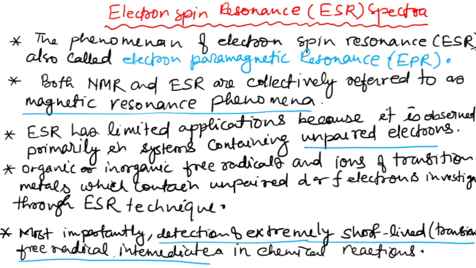So today I'm going to talk about electron spin resonance. In this video I'm going to cover the spectra, how we get the spectra through the transitions and lines, and how we see the lines in the presence of different protons.